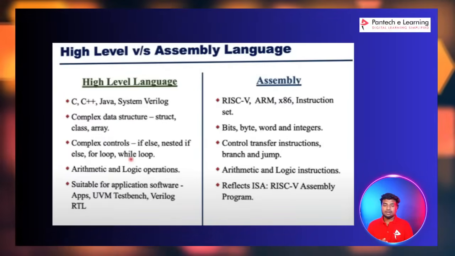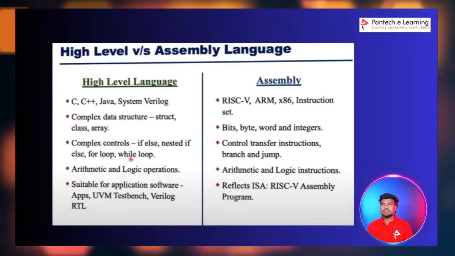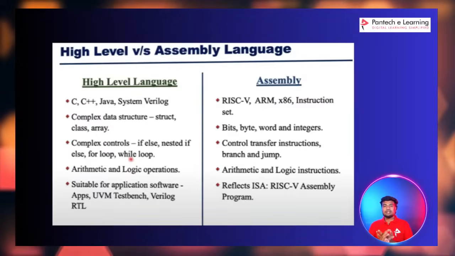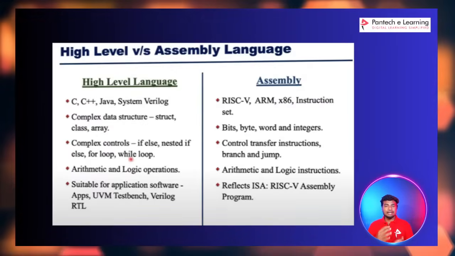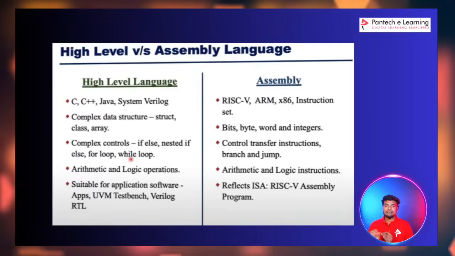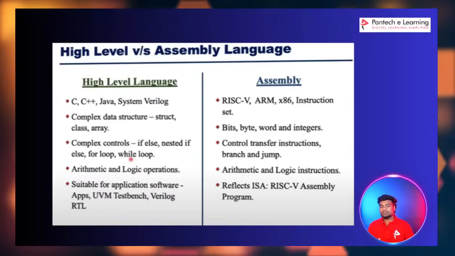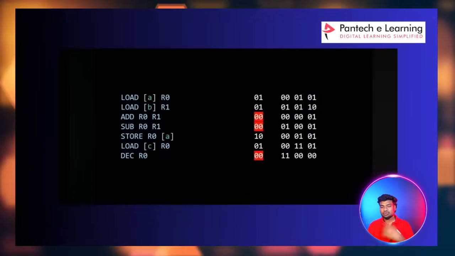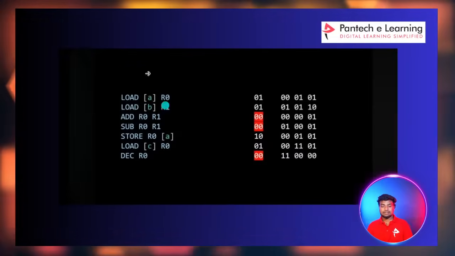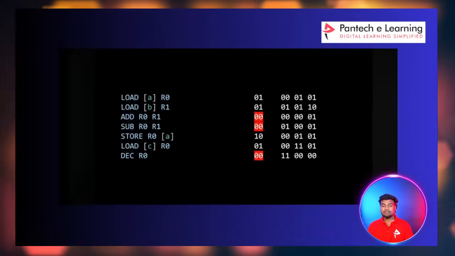Before that, we'll see the difference between high level language and assembly language. We write in Python, SystemVerilog, C++. These are coding languages, called high level languages. After compilation, it is converted into assembly language. Assembly language has only instructions. It will look like this. This is an instruction in assembly level language, and it differs from architecture to architecture.